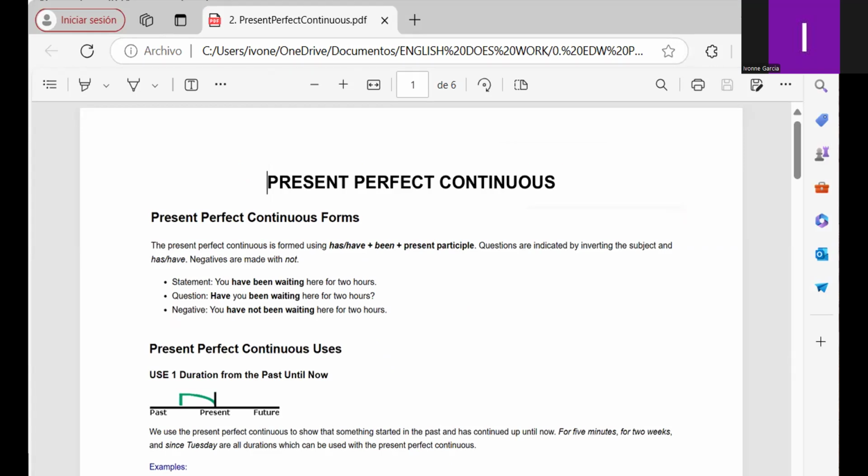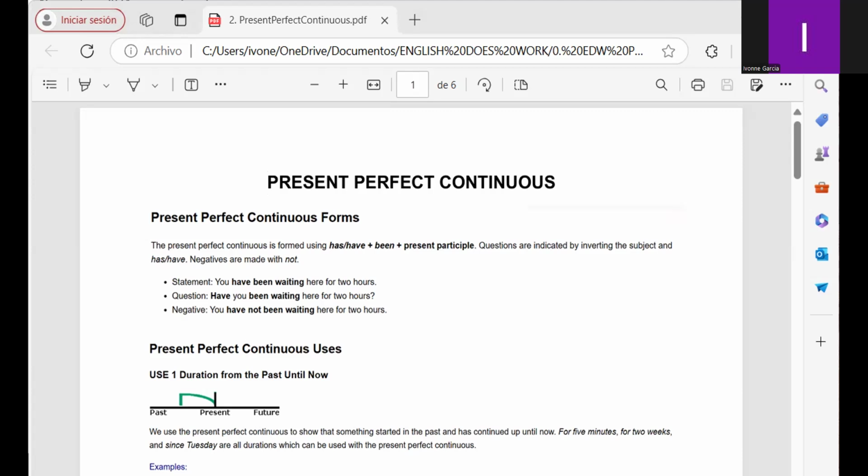Most of you have included in your presentation information related to the present perfect continuous. So most of you know how to build sentences using the present perfect continuous.